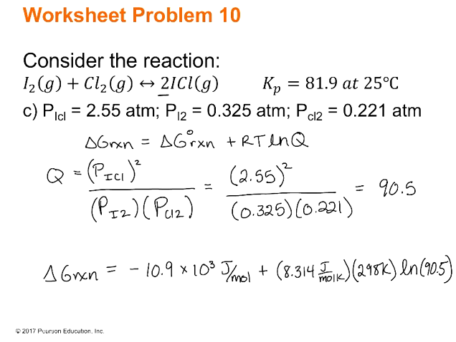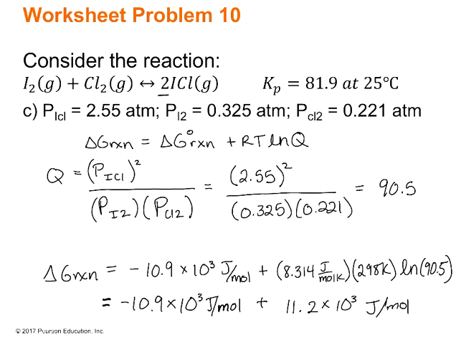All right, so that gives us, let's see, I'm going to rewrite the first part of the equation. So we get plus 11.2 times 10 to the third joules per mole.